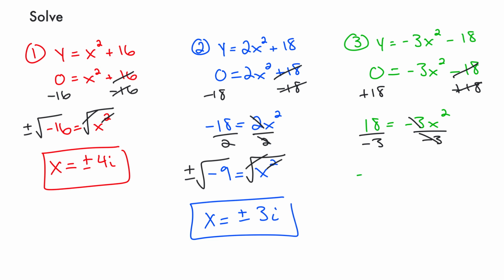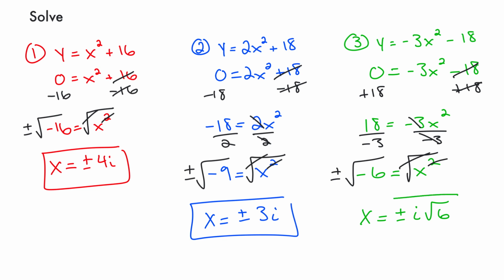Last step is we're going to get rid of the second power by square rooting both sides, and this is where it's a little bit different, because you cannot square root 6. 6 cannot be pulled out of a radical, not nicely. But you can still simplify this, because it's going to be x equals plus or minus i root 6.